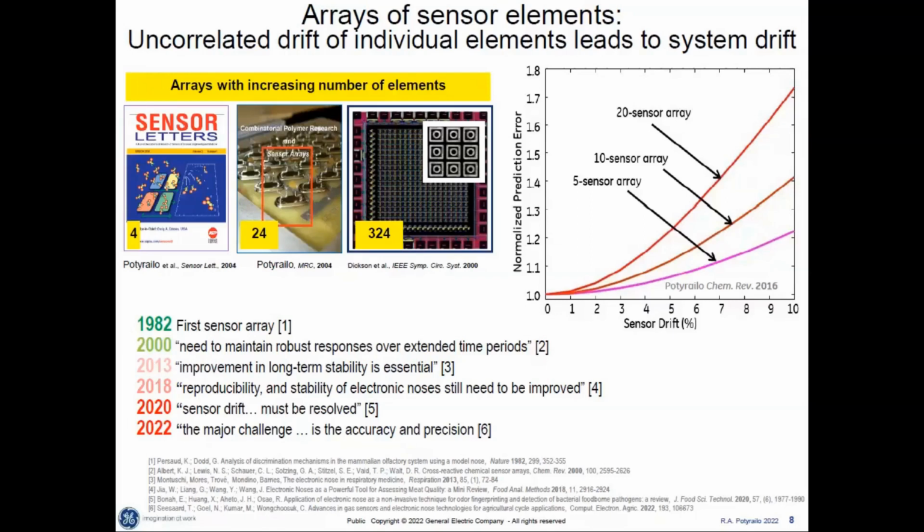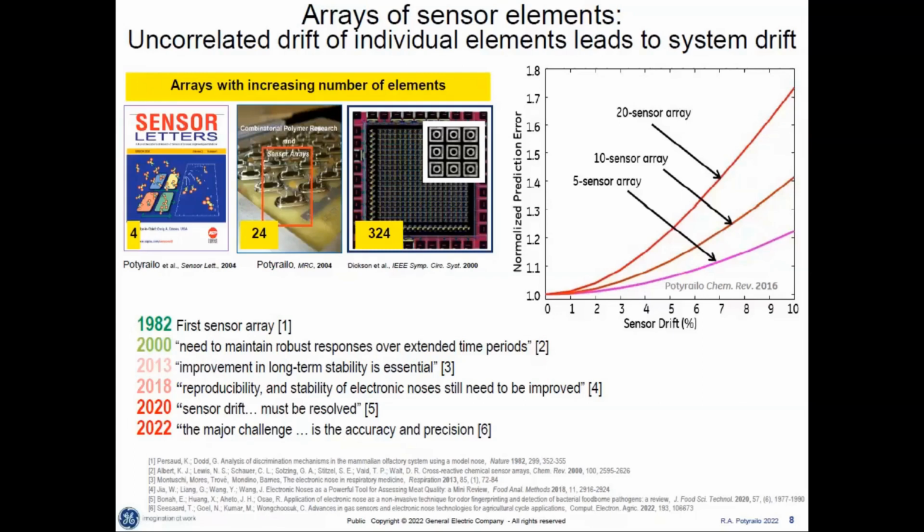When I'm very fresh, everything is nice. As soon as I leave my pristine lab conditions, something happens. Each element starts to drift, and the total response starts to drift more. You can see the more elements in the sensor array, the more pain I will have in the field.